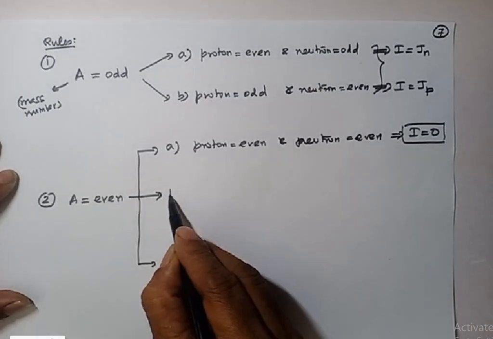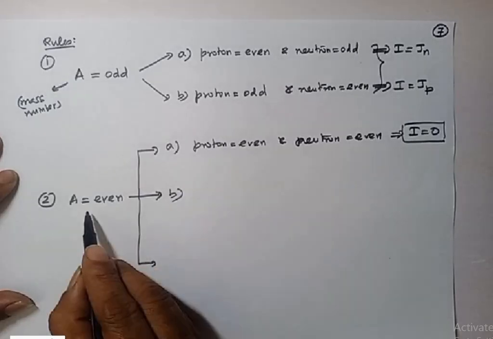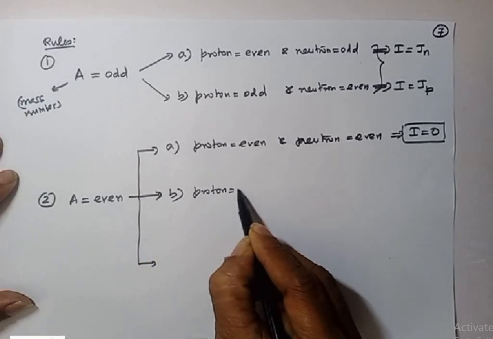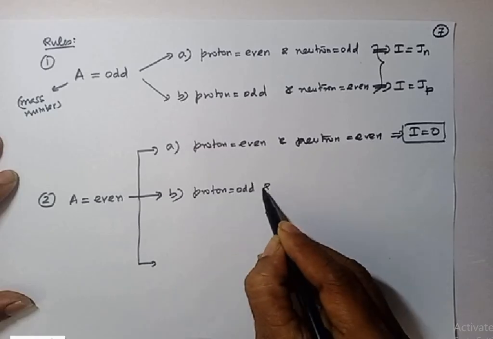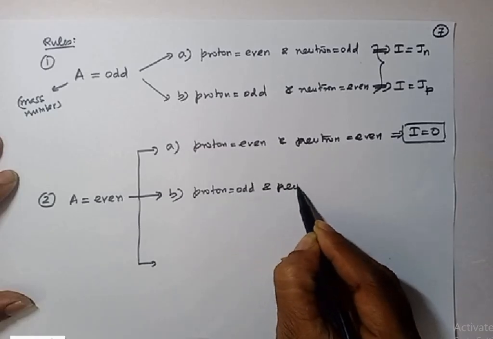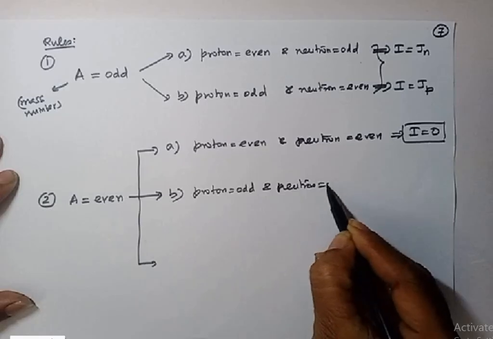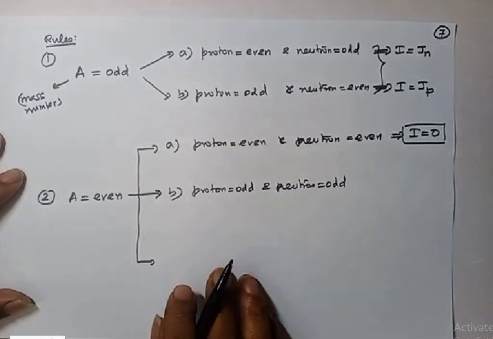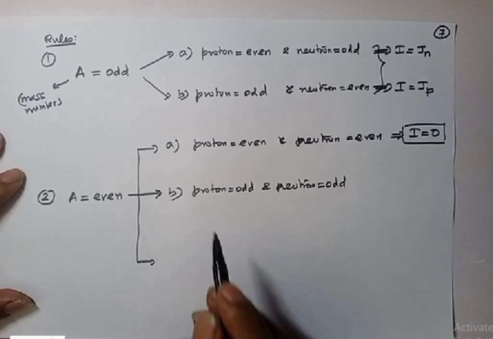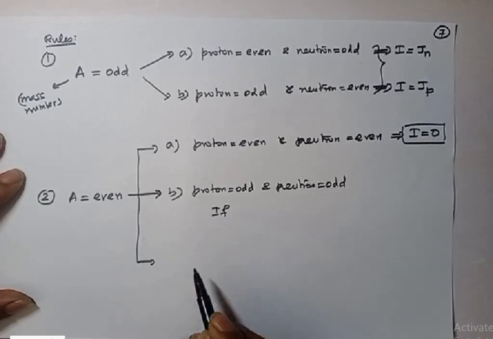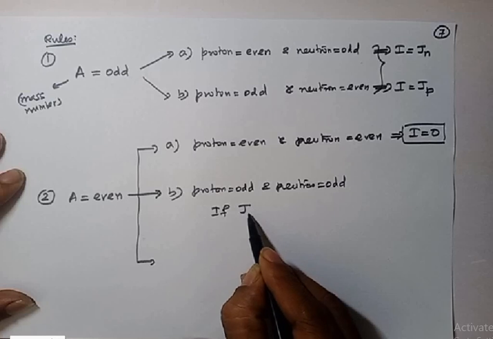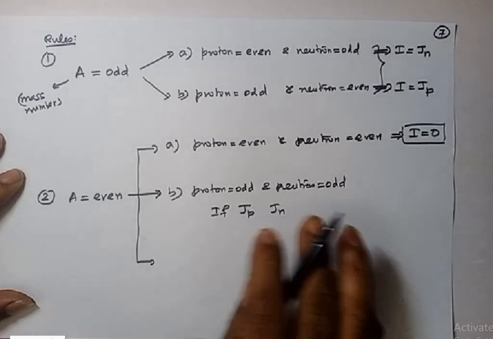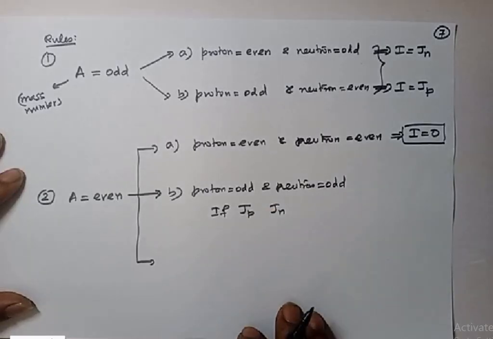Then, we have the second possibility. What is that? If A is even, then the number of protons can be odd and the number of neutrons can also be odd. Observe carefully. Both are odd, but in this case, you have to check whether the total angular momentum of proton and the total angular momentum of neutron are equal or not.